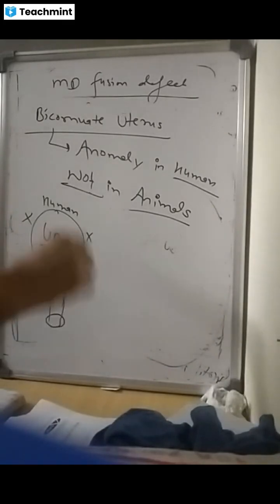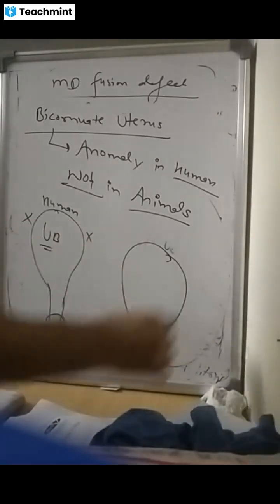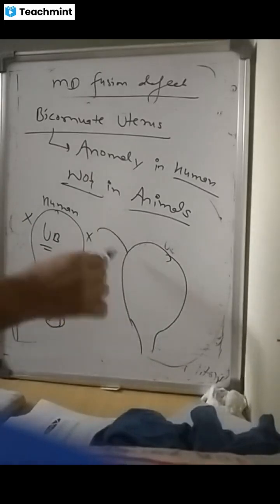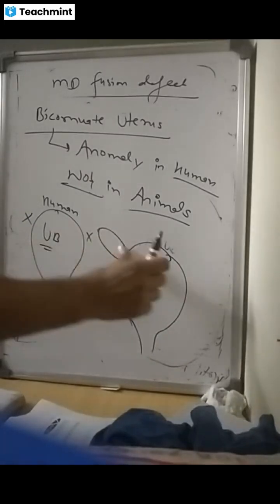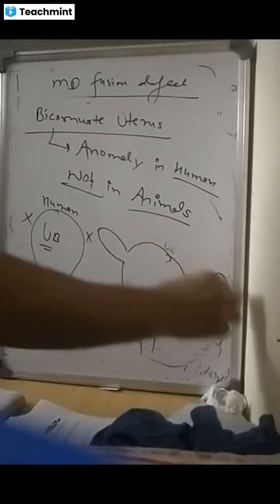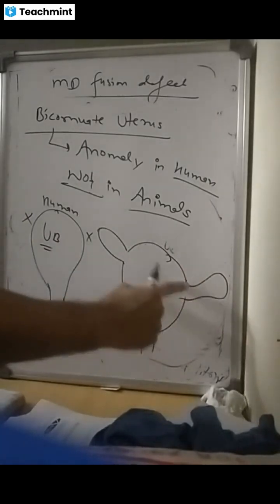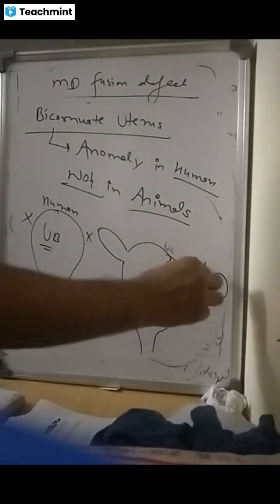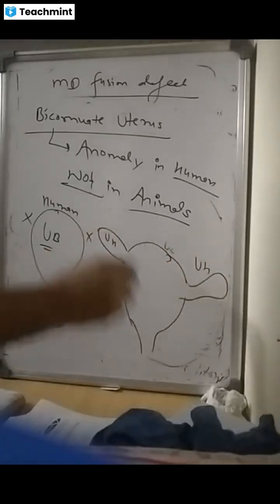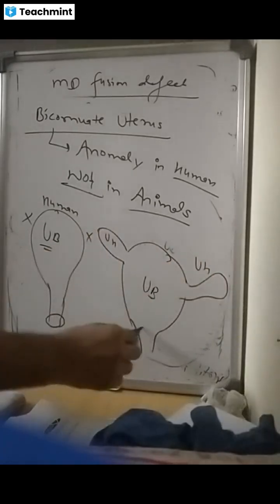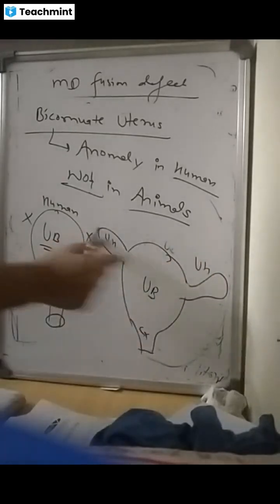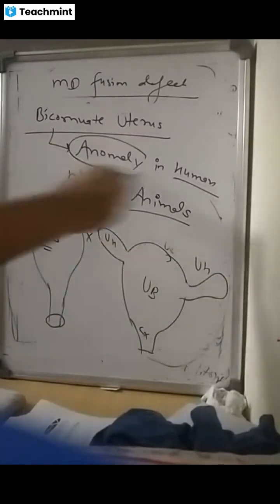If horns are developed, with the uterine body and cervix, this is an anomaly.